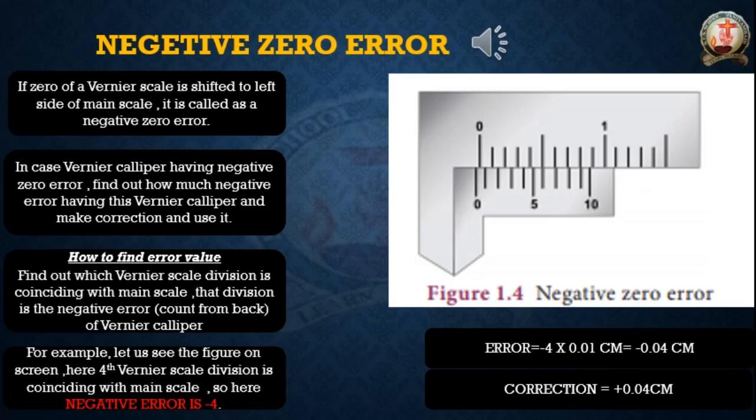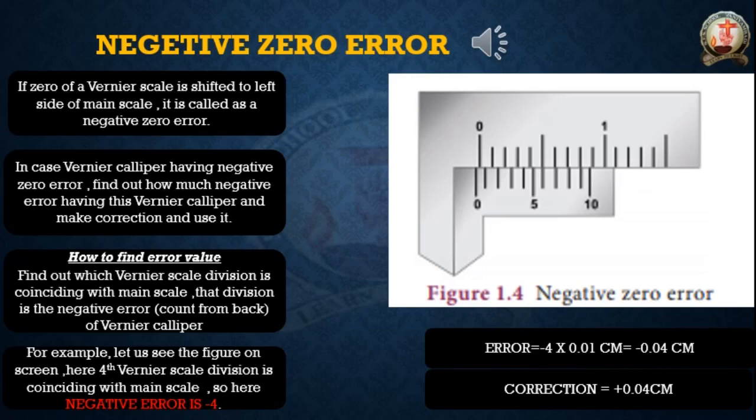Simply remember, if both vernier scale zero reading and main scale zero reading coincide, that is no error. In case the vernier scale zero reading is to the right side of the main scale zero reading, that is a positive zero error.